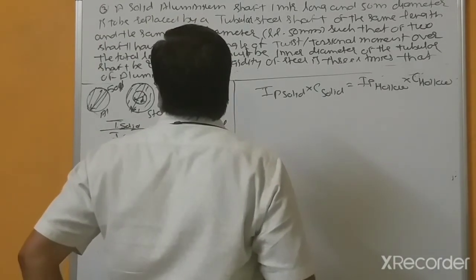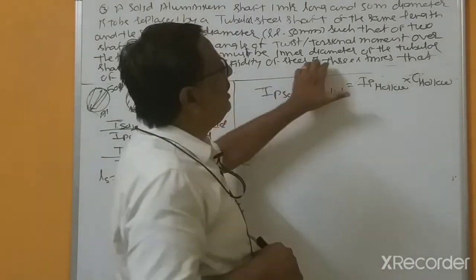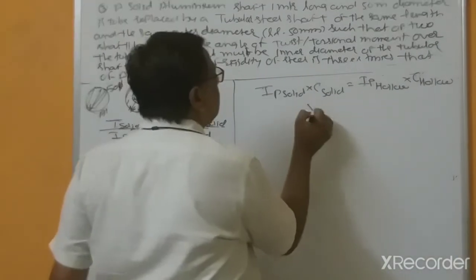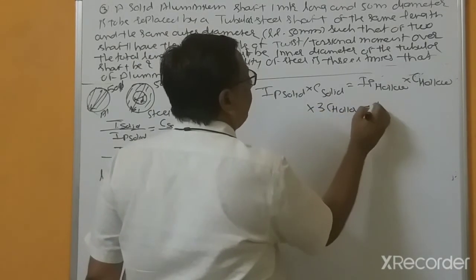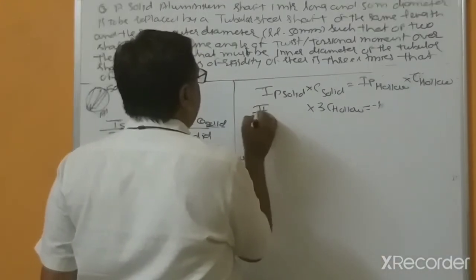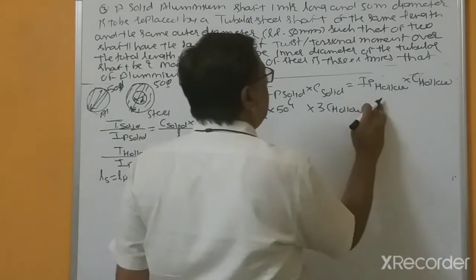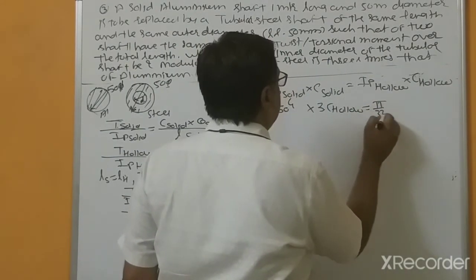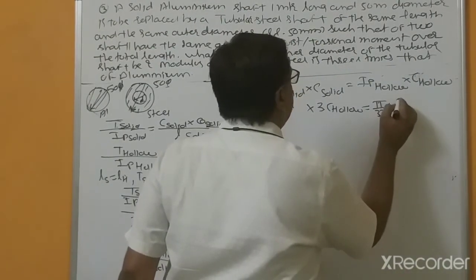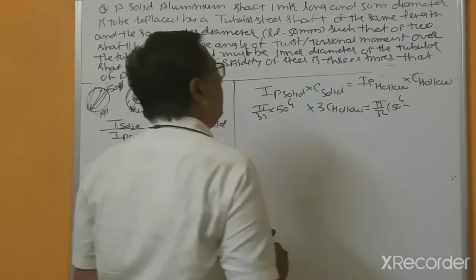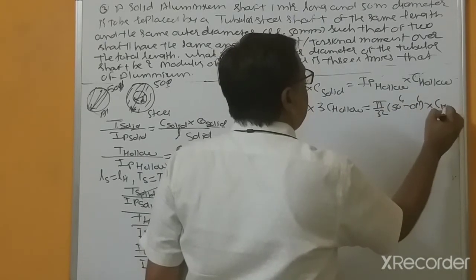So what is given? I think one other condition is given. Modulus of rigidity of steel is 3 times. So this is 3 times C hollow, and this is polar moment of inertia for solid, pi by 32, this is 50 raised to 4, and this is pi by 32, 50 raised to 4 minus d raised to 4 into C hollow.